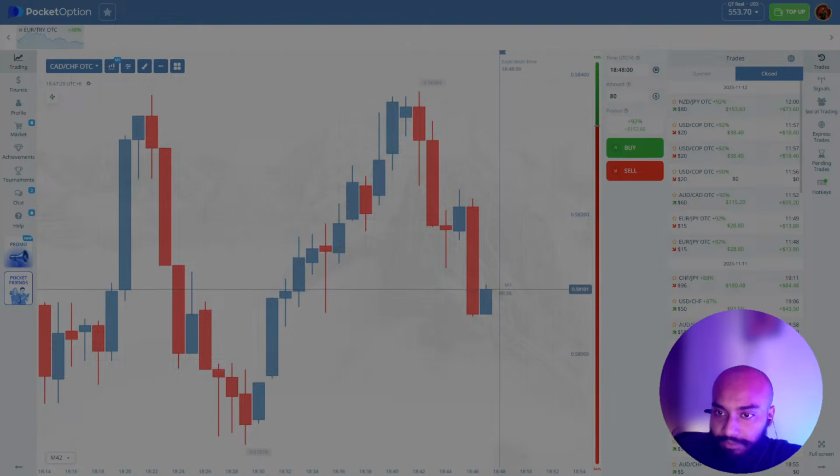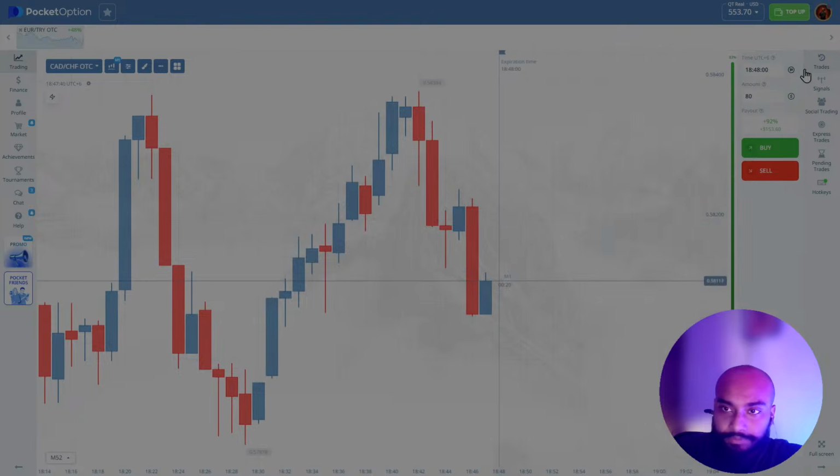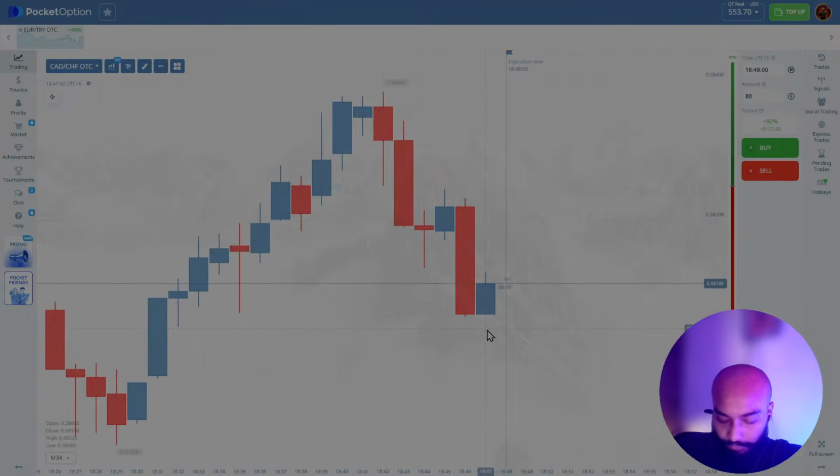And this was publicly traded yesterday, $50, and then $180. After that, these are today's results. Today we went from $300 to $500. It was quite easy.